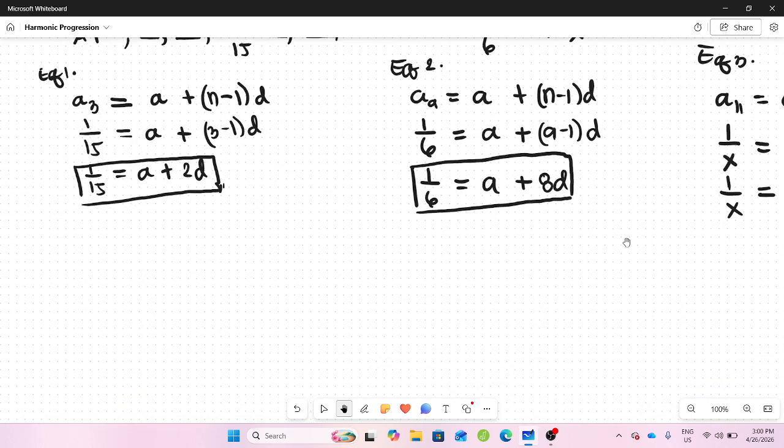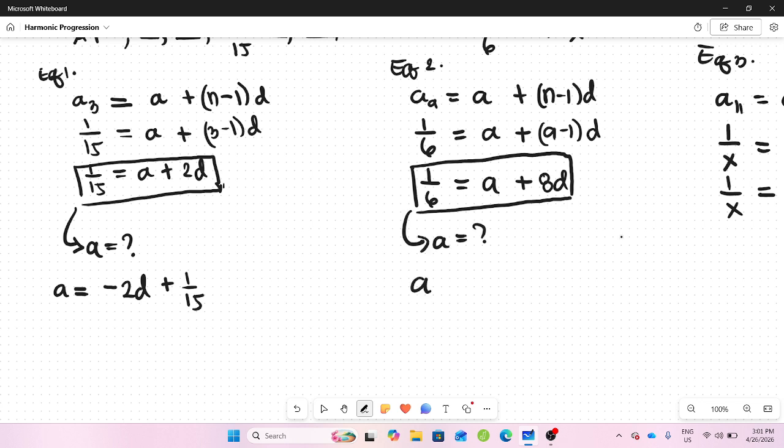Let us try. Let's say I'm gonna find the value of a. Let's solve for the value of a here. So a is actually equal to negative 2d plus 1 over 15 from equation 1. Here, solve for a.